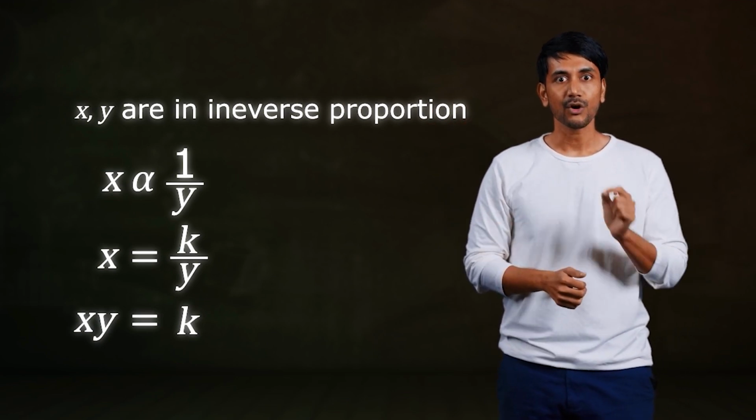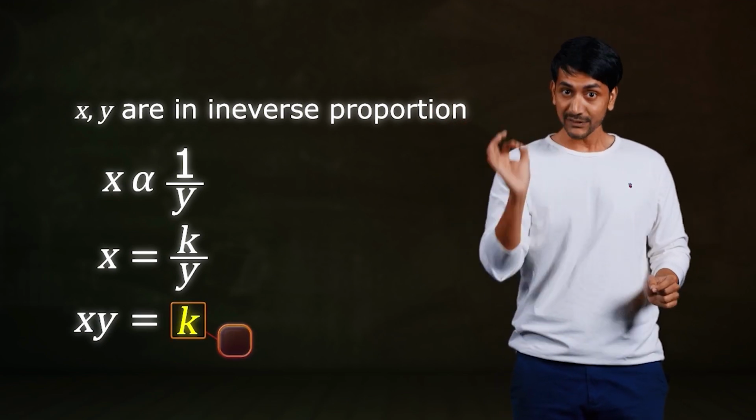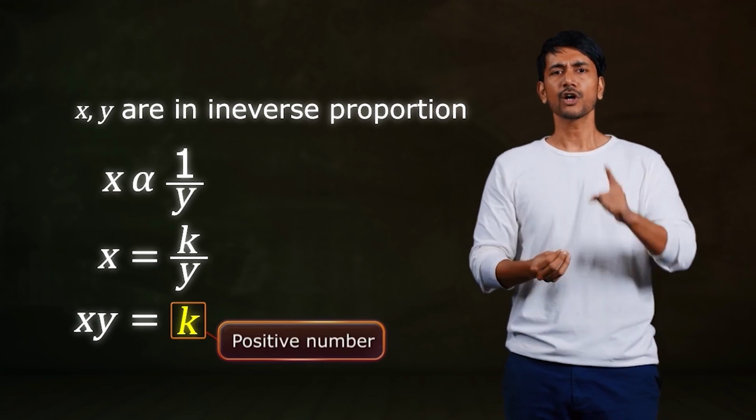Here, the constant k is a positive number and is called the constant of proportionality. Alright, now you have understood what inverse proportions are. So, let us see how we can mathematically apply them using the previous example.